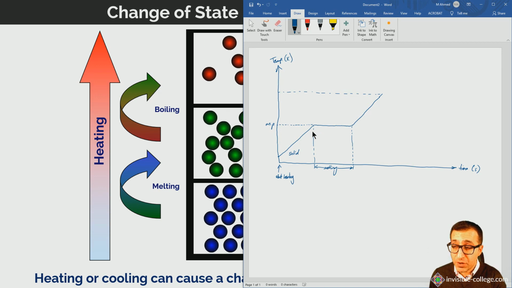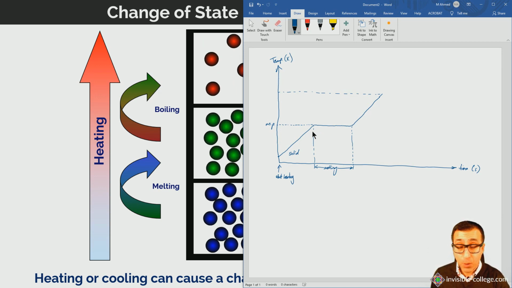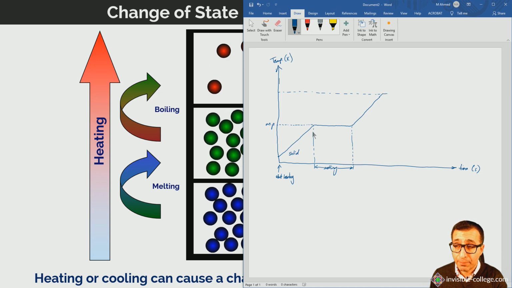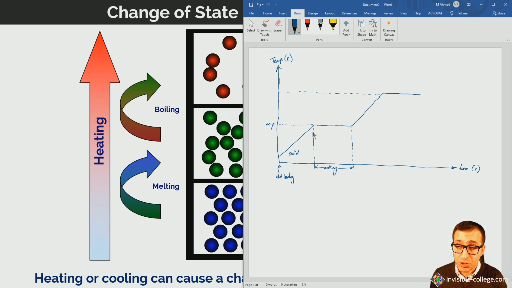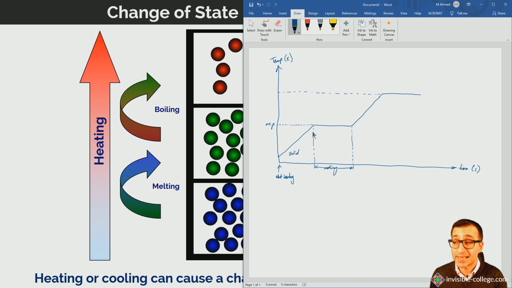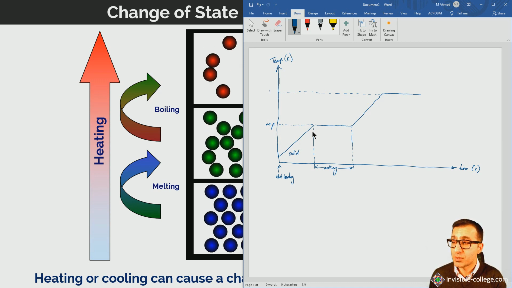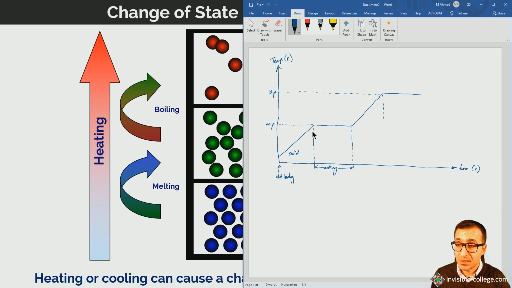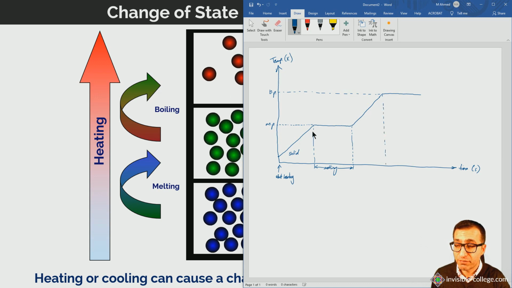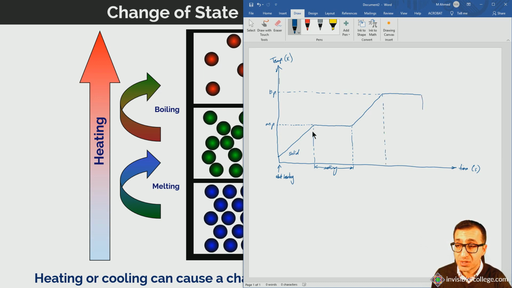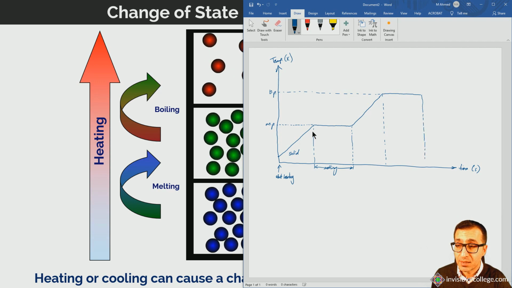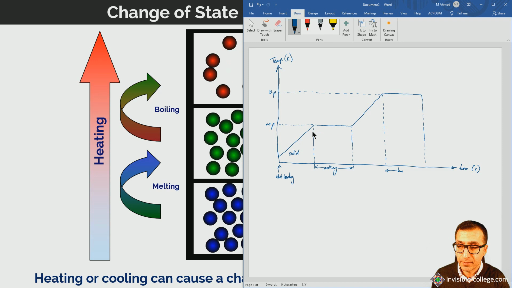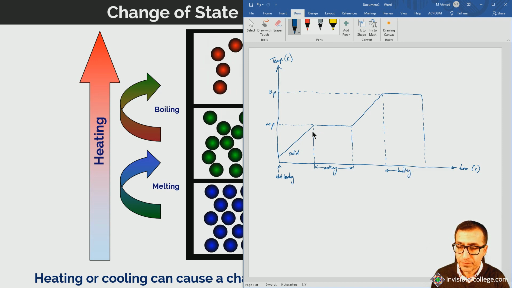Now at this point, any further heating that we do is going to boil the liquid, and unlike evaporation, boiling also happens at a constant temperature, even though you're continually heating that liquid. So here is our boiling point, and boiling, like melting, is a change of state, a change of phase that happens at a constant temperature, which is unique to that substance that we call the boiling point temperature. So this is boiling taking place.